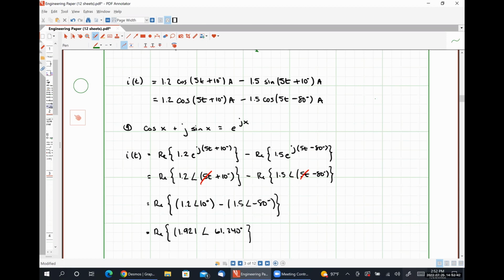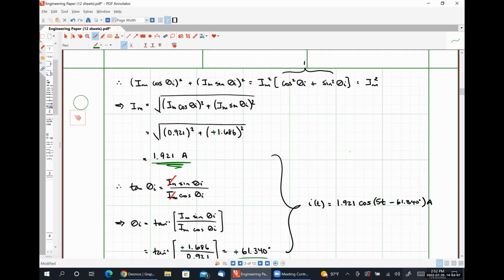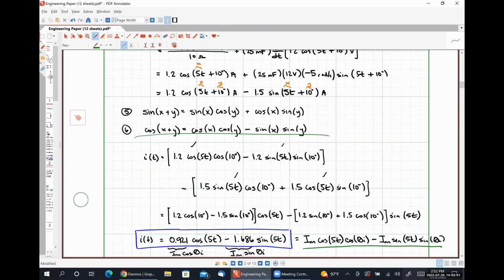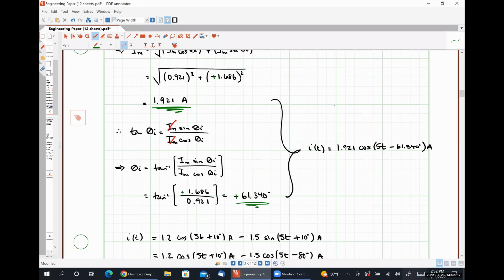Okay, I do want to point something else out though. I circled this bit right here in blue, 0.921 minus 1.686 sine 5t, right?